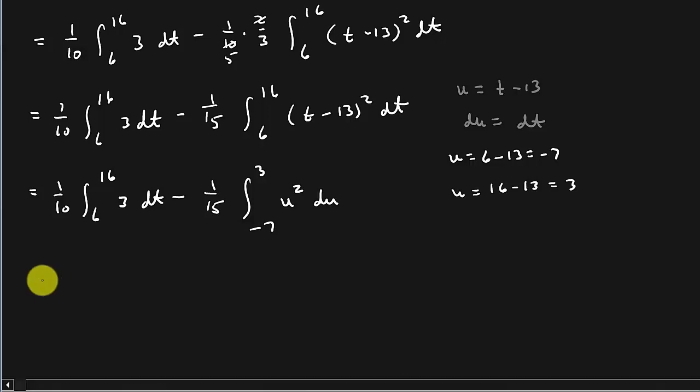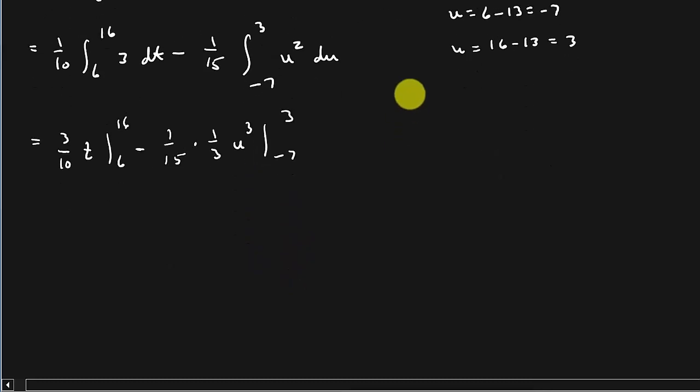So this is going to be 3/10 t from 6 to 16. That's just 3t when you integrate it. So that's 3/10 t minus 1/15 times 1/3 u cubed from -7 to 3.